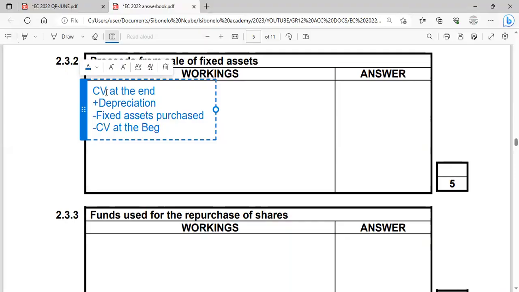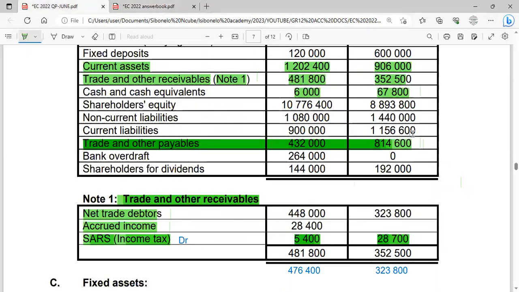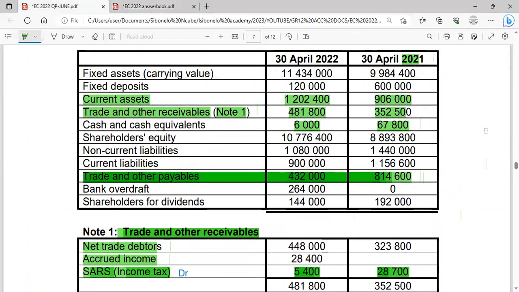So guys, this is the carrying value of fixed assets, and this one is the carrying value of fixed assets at the beginning. So the first one is the carrying value of fixed assets at the end, and the last one is the carrying value of fixed assets at the beginning. Okay, so now we're gonna check if these balances are given. So fixed assets carrying value is given.